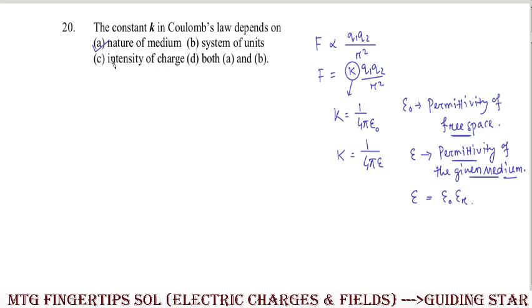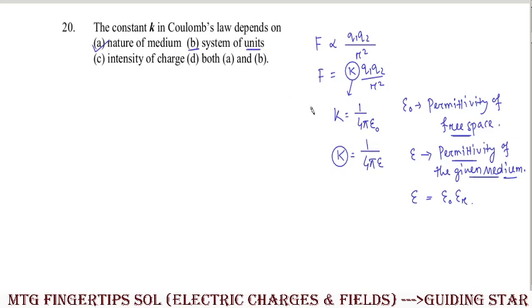Second, it is saying about system of units. Here, by applying the concept of system of units, we can calculate the unit and dimensional formula of k. But here it is asking upon what it depends. सिस्टम ऑफ यूनिट्स के ऊपर ये डिपेंड करेगा ऐसा कोई जरूरी नहीं है.